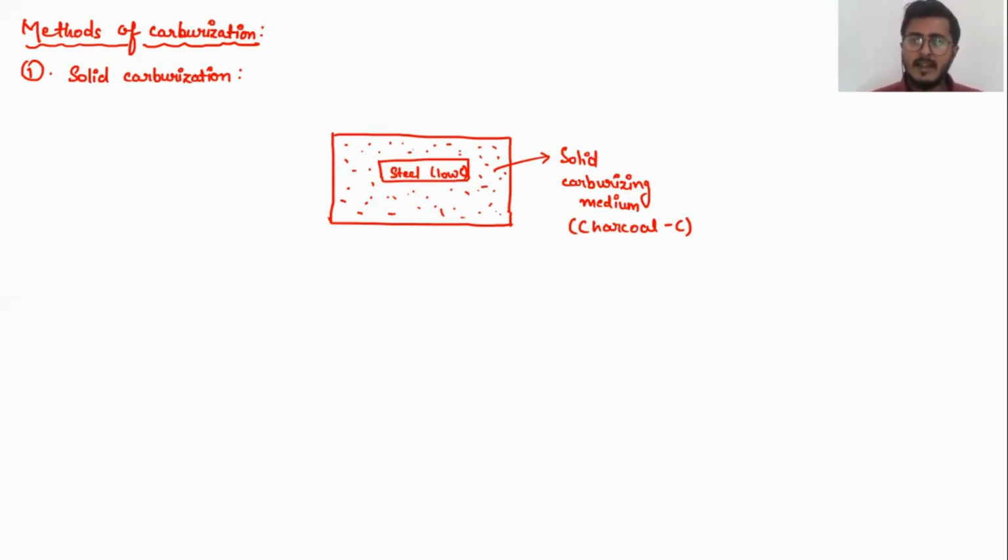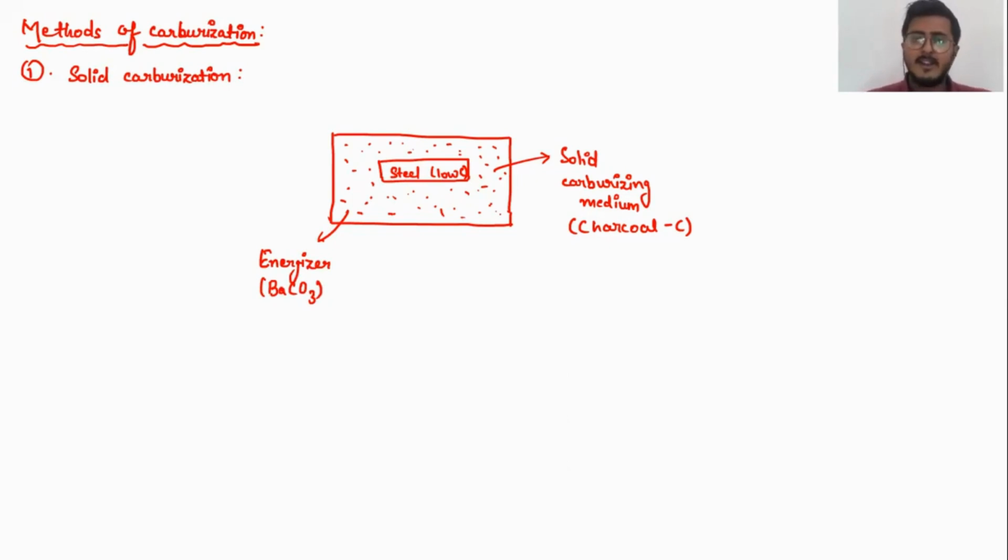Okay. And along with this, we add an energizer, which for this condition is barium carbonate, BaCO3. Okay, we add an energizer, which is barium carbonate. It basically activates the diffusion.